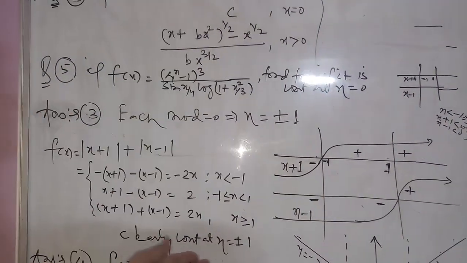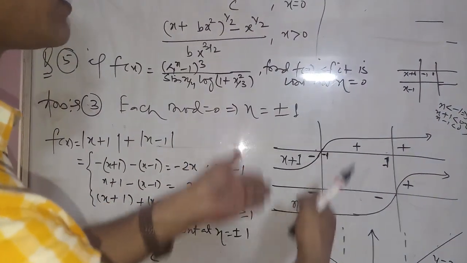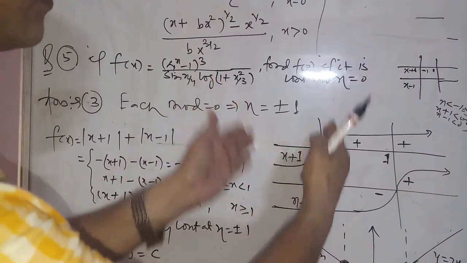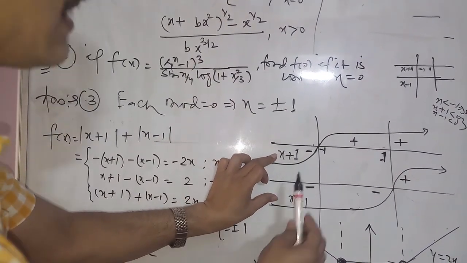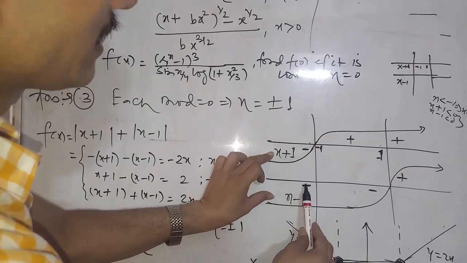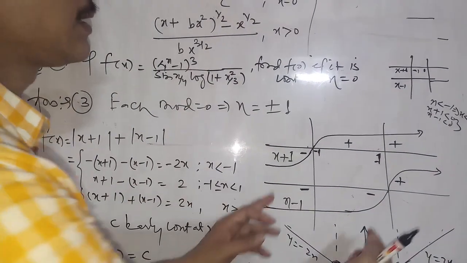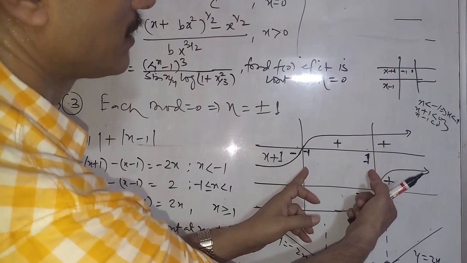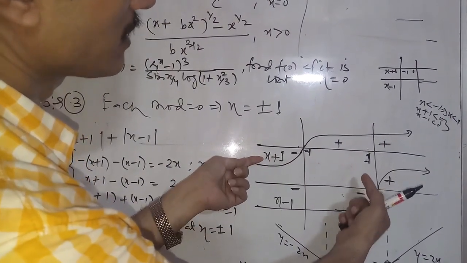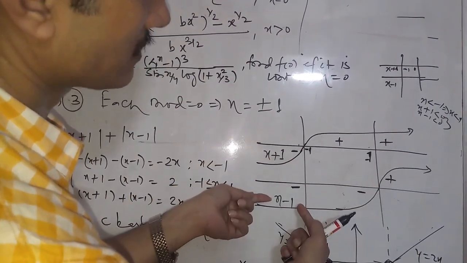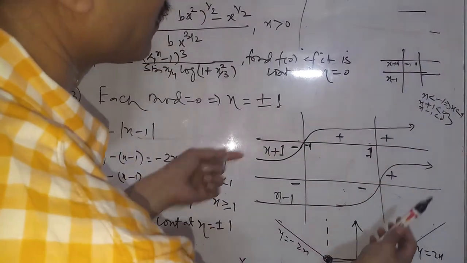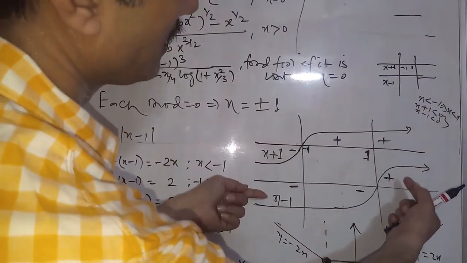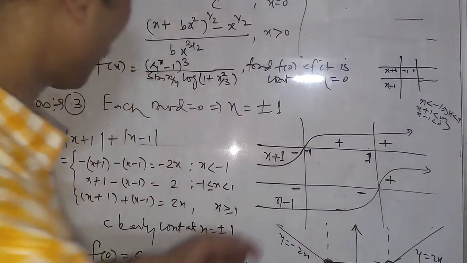Here, x plus 1, x minus 1 both have sign minus 1 in this region. When x lying between minus 1 to 1, x plus 1 has sign plus 1 and x minus 1 has sign minus 1. When x greater than 1, x plus 1 has sign plus 1, x minus 1 has sign plus 1.